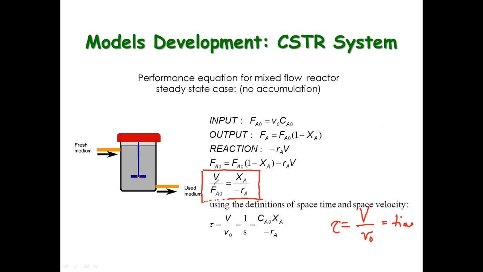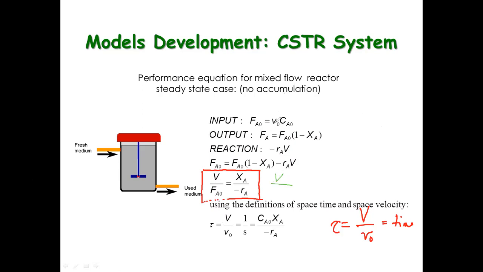Now we will use the performance equation that we have here. That way we can arrive at the new formula for the space-time for your CSTR. From that particular formula, you have V. I'd like to change the FAO.